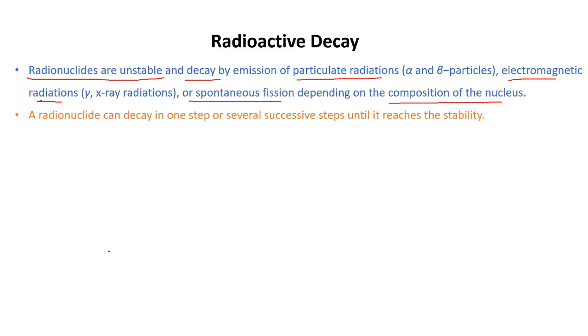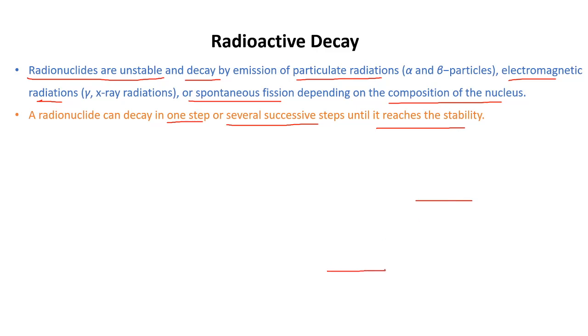Now this decay process can be in a single step or through several successive steps until it reaches stability. For example, there is a nuclide here which is unstable.